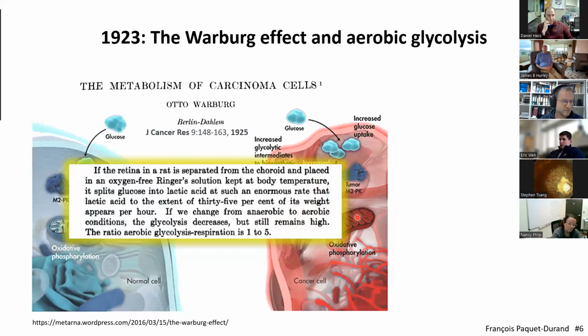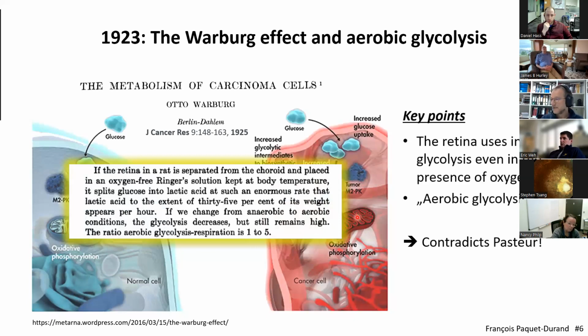Why does the retina behave like a tumor when really, from its energy demand and from the availability of oxygen and perhaps other considerations, you would think it shouldn't do that? So the key point that Otto Warburg found out here is that the retina uses the rather inefficient glycolysis, even though it has oxygen available. He calls this aerobic glycolysis. And this, of course, is a clear contradiction to what Pasteur found.